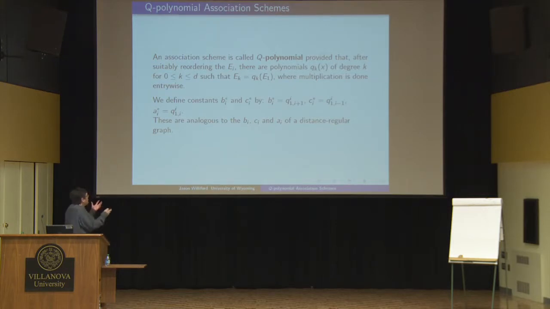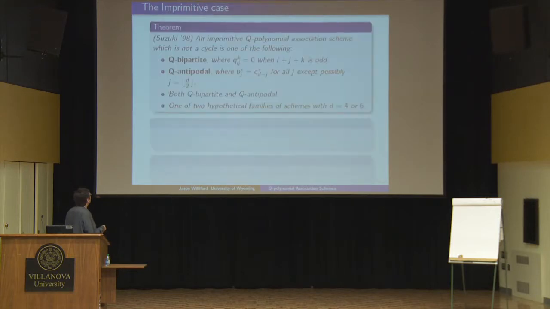Okay, now again, there's no known combinatorial meaning of those, but you can define, and this is Suzuki's theorem on imprimitive Q-polynomial schemes, analogous ideas of Q-bipartite, Q-antipodal, or both, just using the same conditions with the Krein parameters.